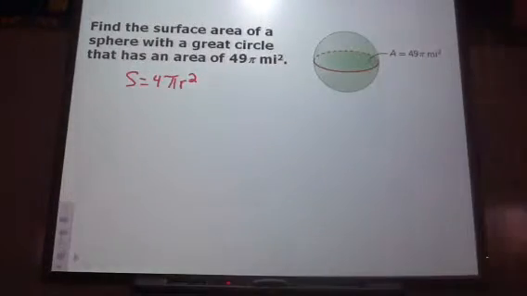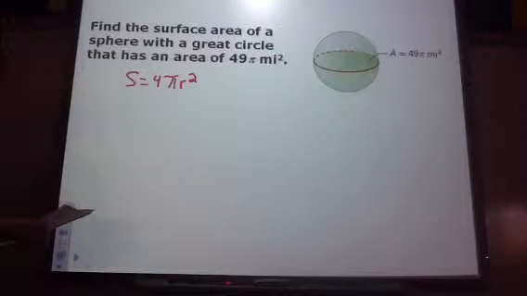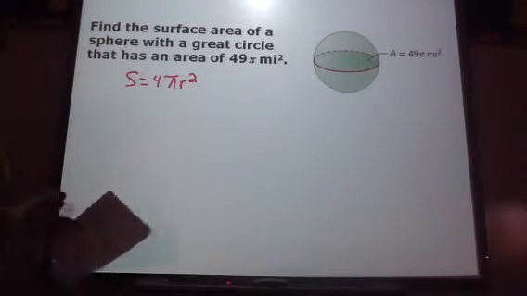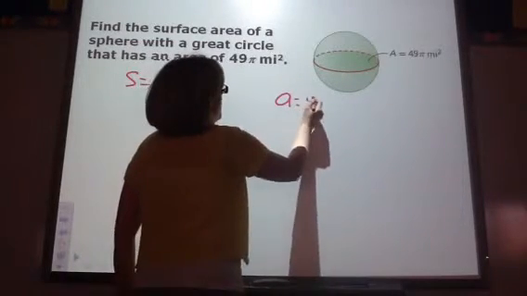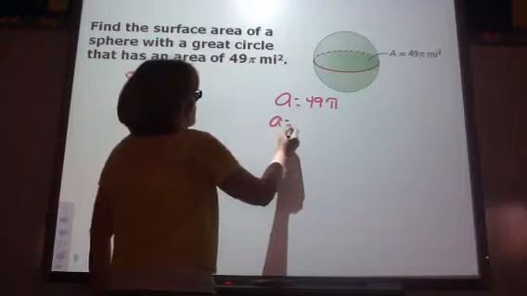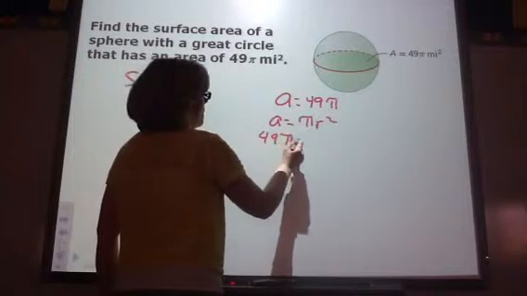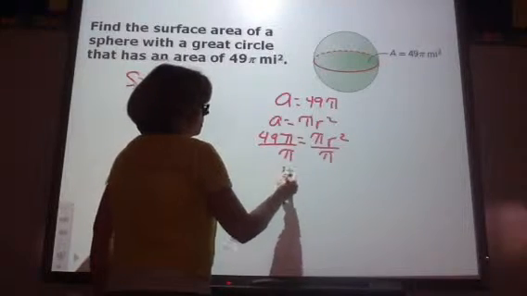Alright, so what we have here is the area is 49 pi. Well, area of a circle is pi r squared. So if we substitute that in, we can find the radius.